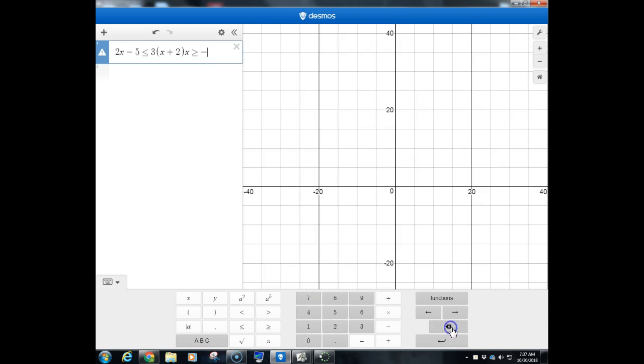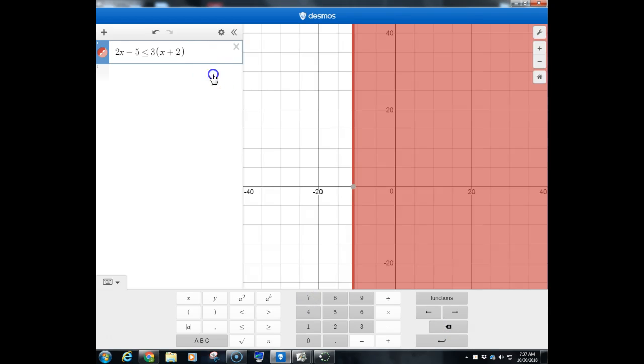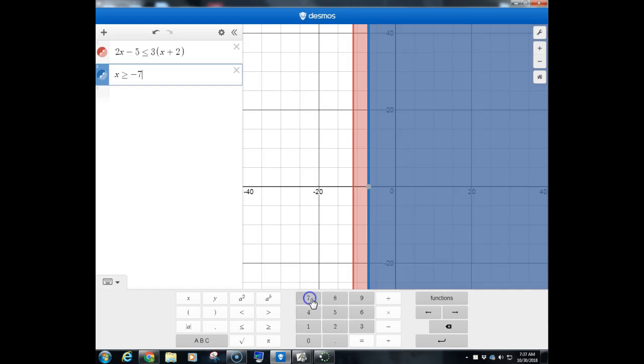Oh, I didn't do it on the, you're supposed to do it on the next box. X is greater than or equal to negative 7. Okay? They're not the exact same thing. Does that make sense? So when they're different, it's wrong. They have to be the exact same thing. They should be equivalent to each other. So go ahead and figure that one out.